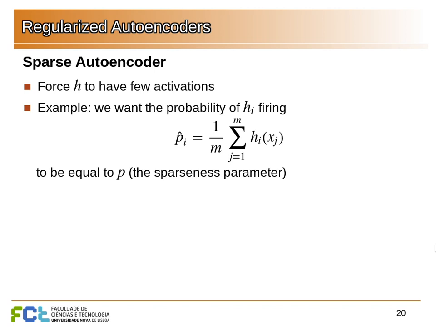So we can estimate the probability of being active when we average the activations in the hidden layer.